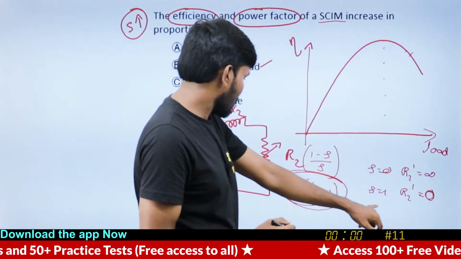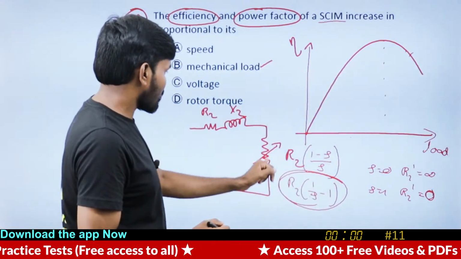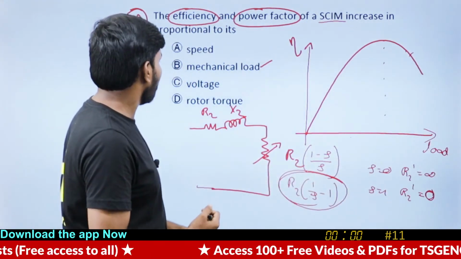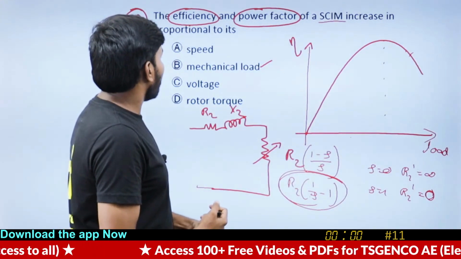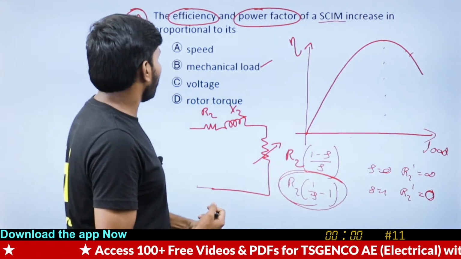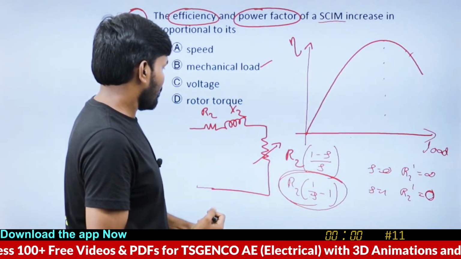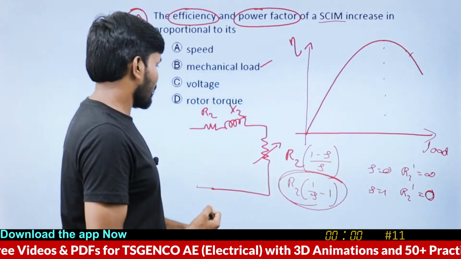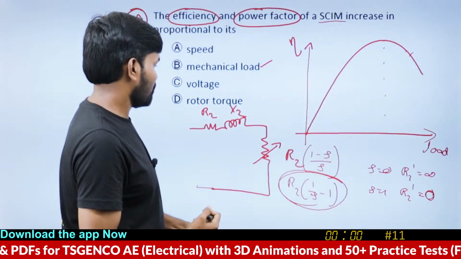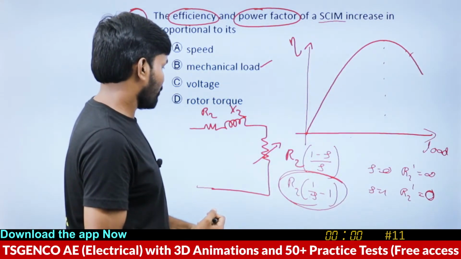This will be 0, which is like a short circuit, absolutely right. But with mechanical load, power factor is not going to increase, that's decreasing. Because resistance is decreasing. Huh? How come?